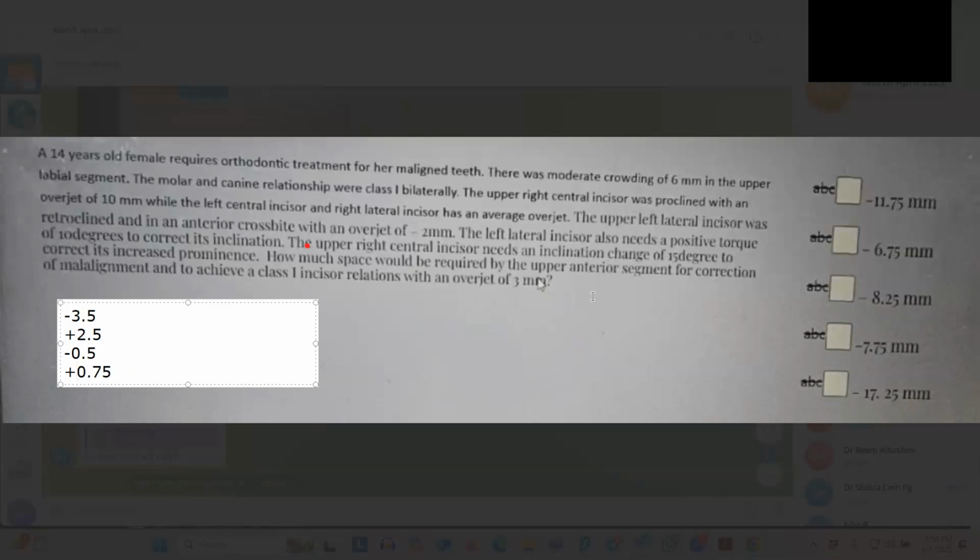So what else do we have here? How much space would be required for the upper correction of the molar triangle with a jet of 3 millimeter? So upper, there was mentioned a 6 mm of crowding, moderate. So we will add that. So what is the value now?